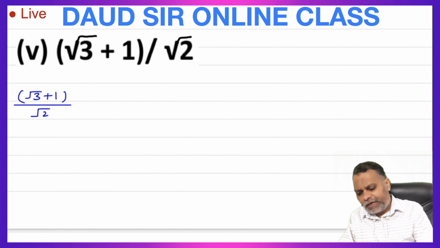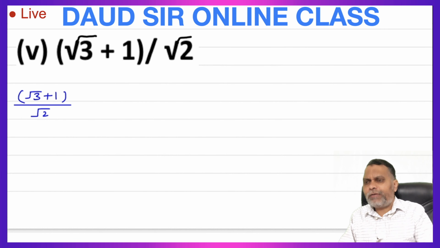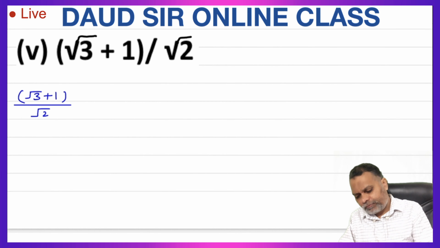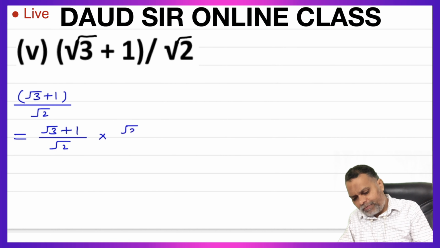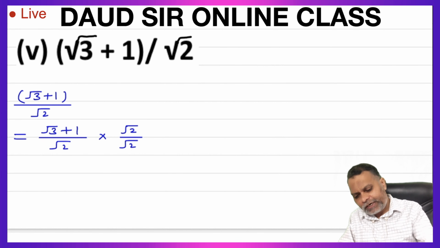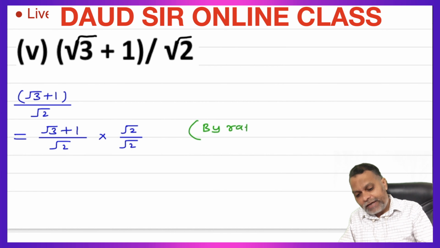Here in the denominator is root 2, so multiplying and dividing by root 2, which is equal to root 3 plus 1 upon root 2, multiplying and dividing by root 2. This is rationalizing the denominator. You can mention this.